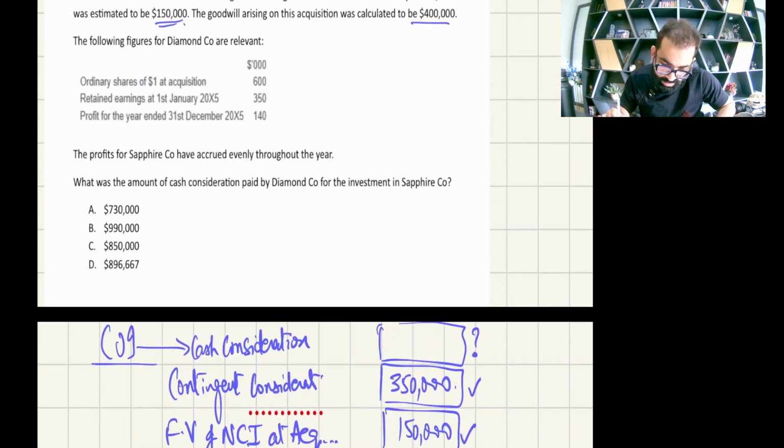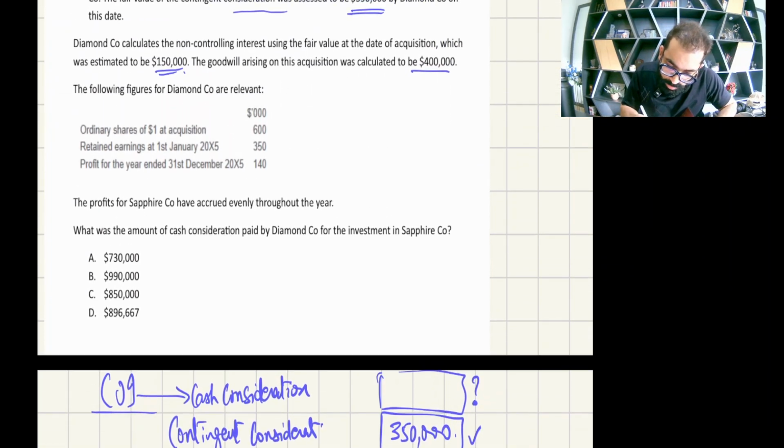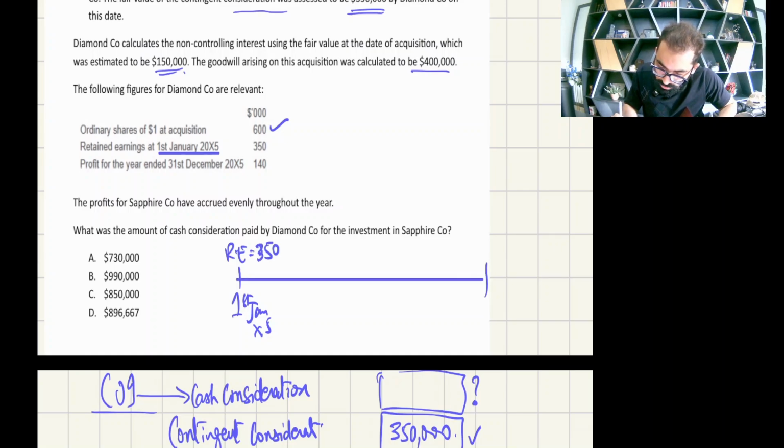Now at the acquisition date, ordinary share capital is perfect, but they have given you retained earnings as of 1st January X5, that is 350. But your acquisition date is 1st May X5, that means January, February, March and April.